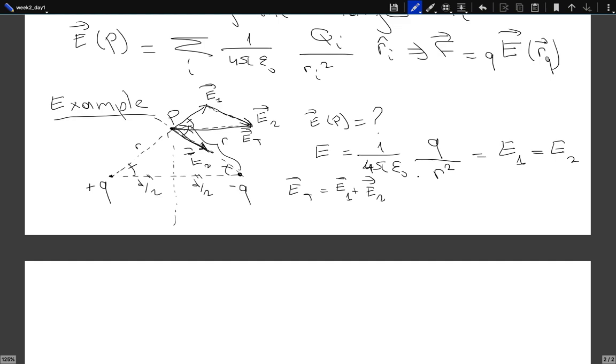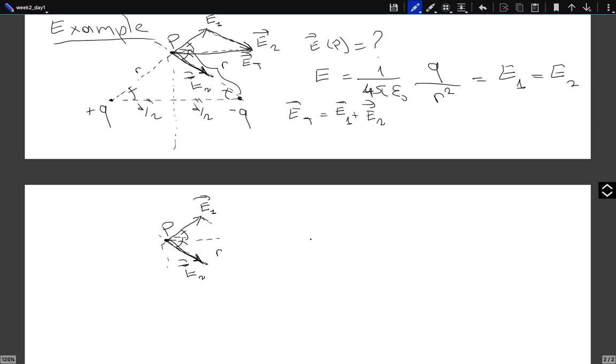Well, another way to see that, let me just copy that picture of the electric field vectors. This angle is theta, this angle is theta, they are the same. Let me just draw the vertical line also. Now, E1, let me just give them some names. The horizontal line, let me call x, the vertical line y.